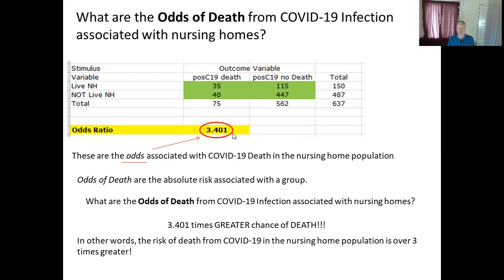It multiplies the effect. So we have a 3.401 times greater chance of death living in a nursing home associated with COVID-19 infection. That's your Vegas odds. If I live in a nursing home, there's a far greater chance.